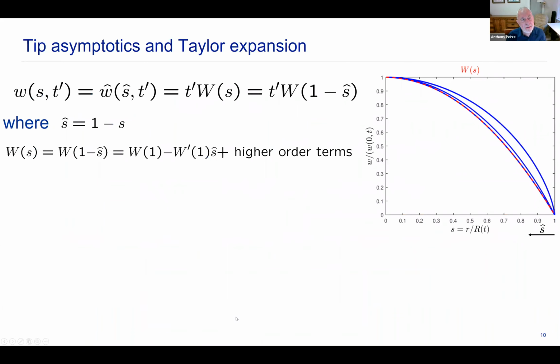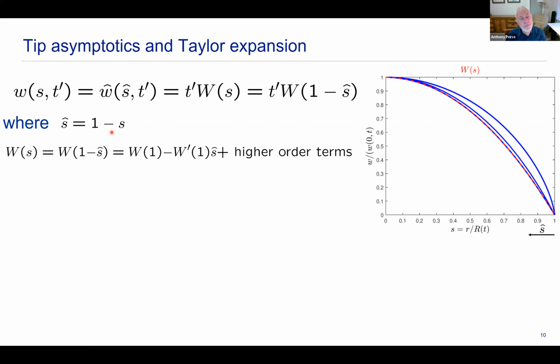Okay, so now we want to see what functional form we get for this universal red line, this dashed red line, which I call W of S. It's convenient to write it in terms of a tip coordinate by doing this transformation.